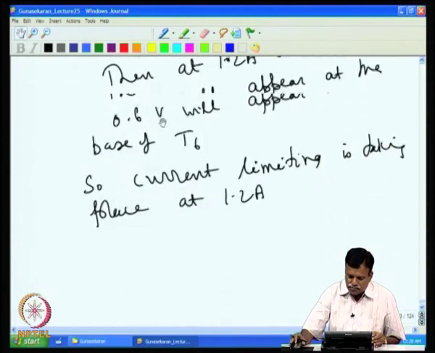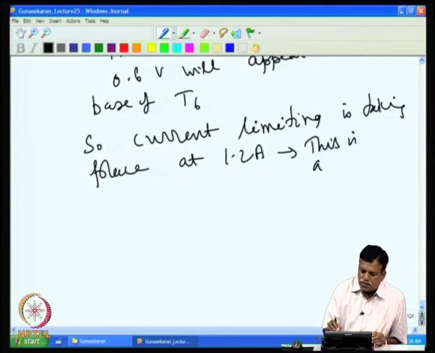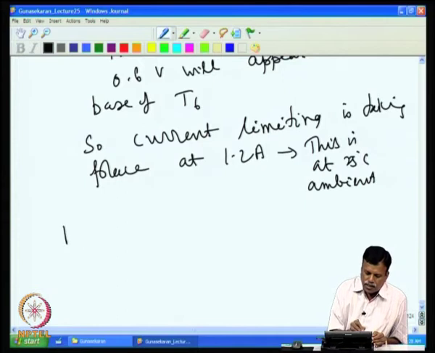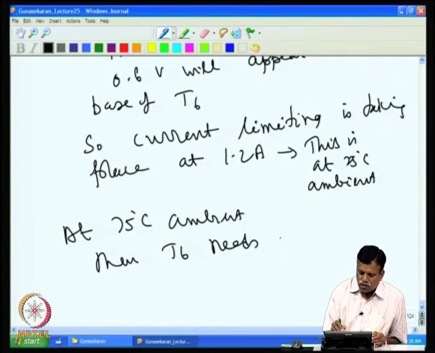This is at 25 degree C ambient. At 75 degree C ambient, T6 needs only 0.5 volt.